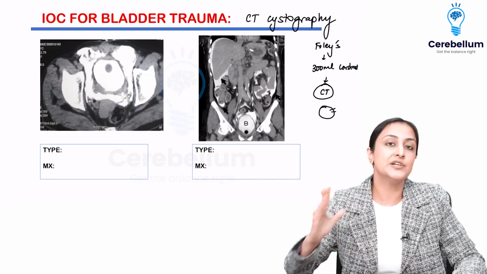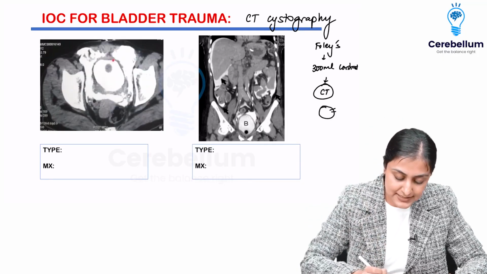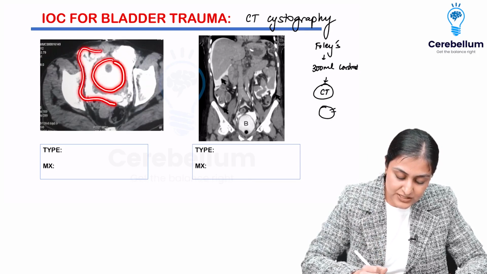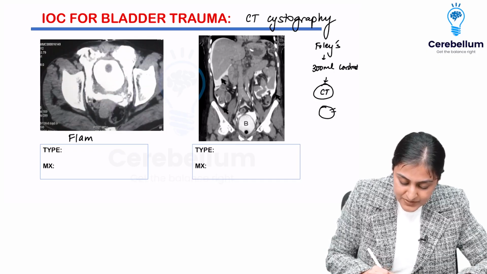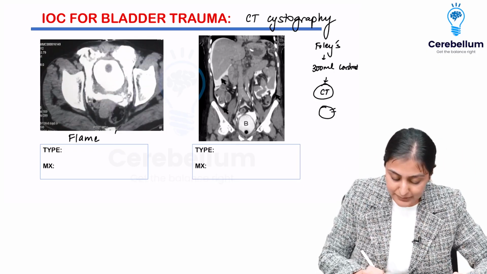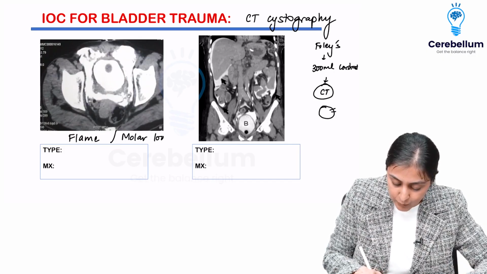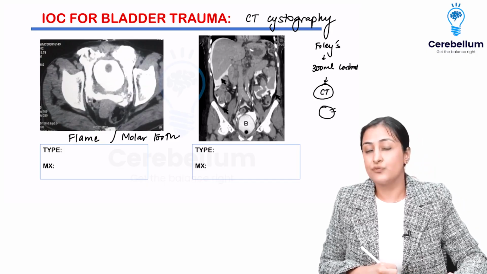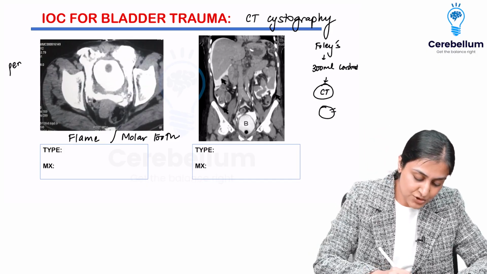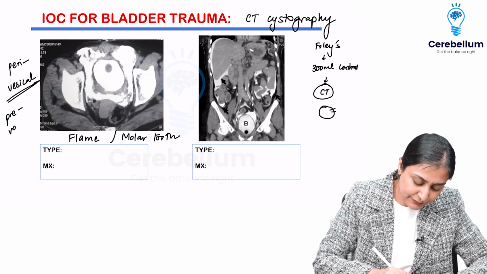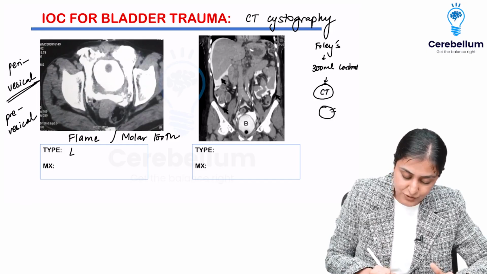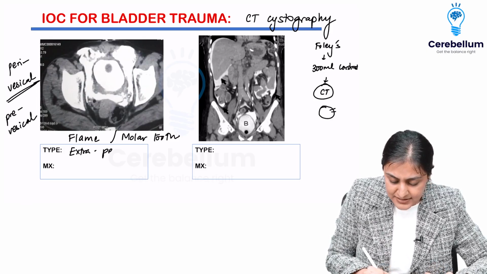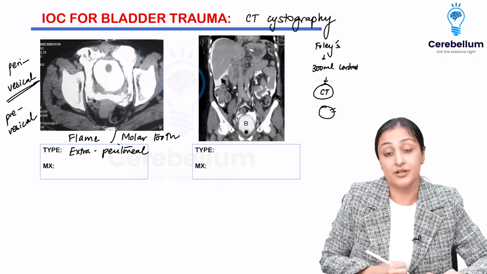What is the pattern of leak here? So you can see this is the bladder and the white contrast is around the bladder. So when you see this flame sign, like a flame, around the bladder, or some people call it a molar tooth appearance, in short, when you see that the contrast is perivesical or in front of the bladder, prevesical, this type of bladder rupture is what we call an extraperitoneal bladder rupture.